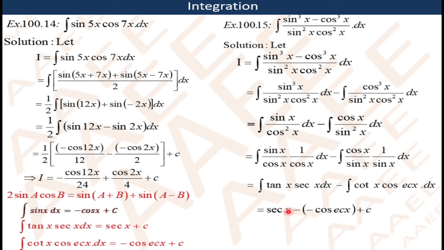And integration of tan of x into sec of x dx is sec of x, and integration of cot of x into cosec of x dx is minus cosec of x. So the integration of these terms will be sec of x minus, minus cosec of x, plus constant of integration c, and the integration of this integrand is sec of x plus cosec of x plus c.